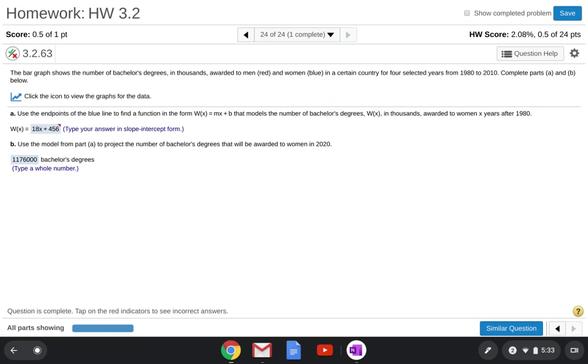But for your final answer in part B, when they ask how many women will get a bachelor's degree in 2020, it's 1,176,000. So hopefully that will help.